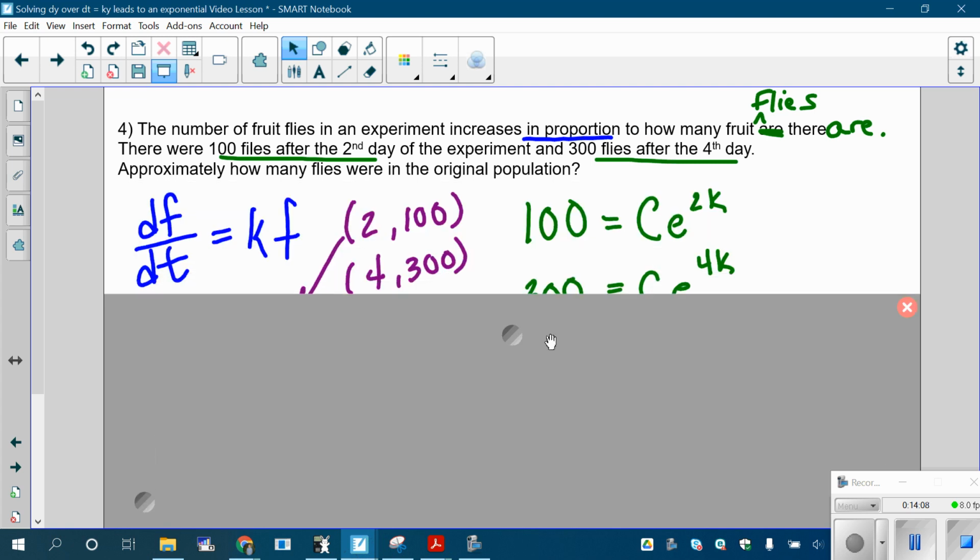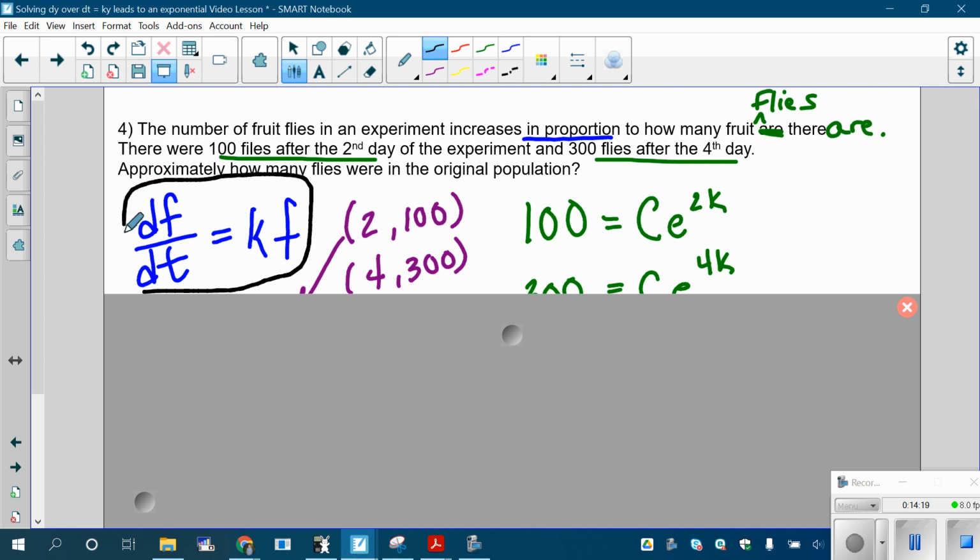If you think about f of t being the number of fruit flies at time t, what this is telling you is that df/dt, the rate of change of the number of fruit flies, equals a constant times the number of fruit flies. What are they asking us to figure out? Well, they're kind of asking us to figure out the solution to this differential equation, essentially.